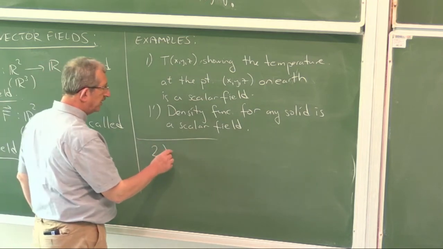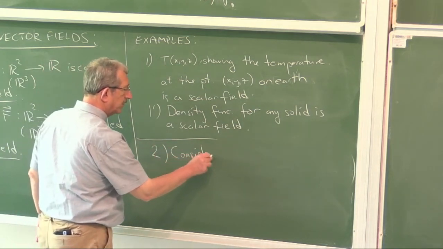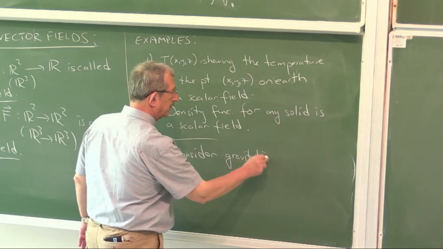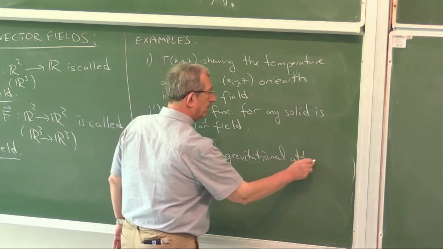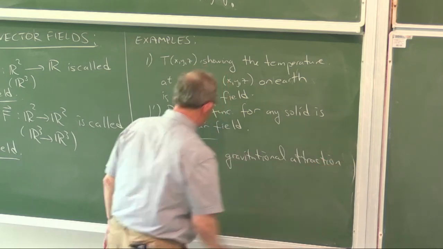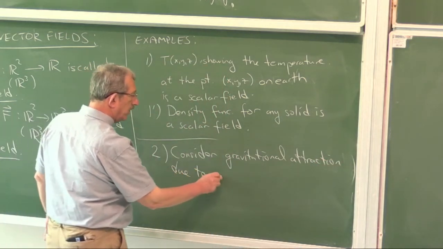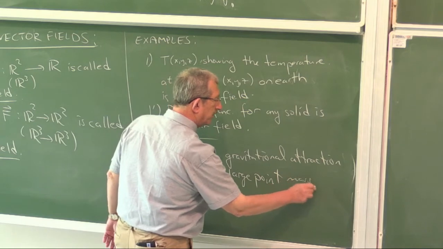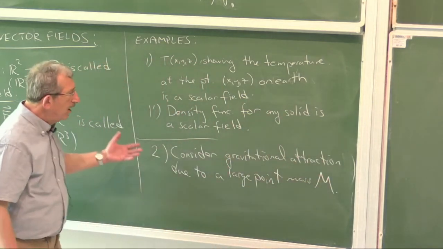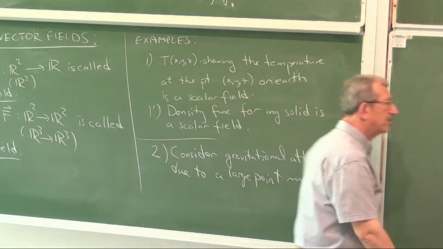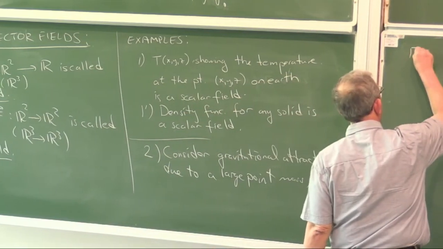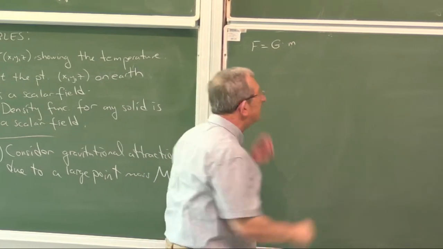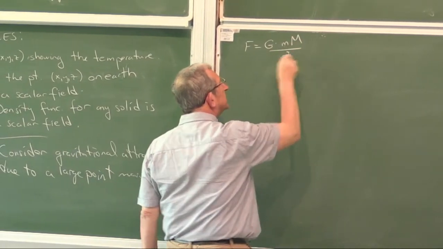Well, let us consider the gravitational attraction due to a large point mass M. We all recall that this is a force, which is a constant times the mass it's attracting, over the distance between them squared.